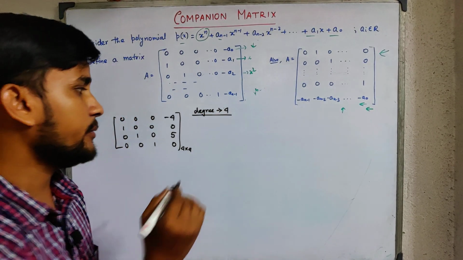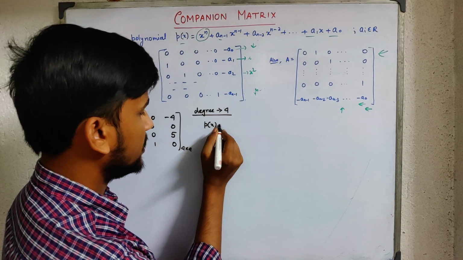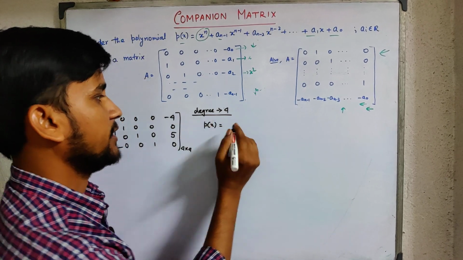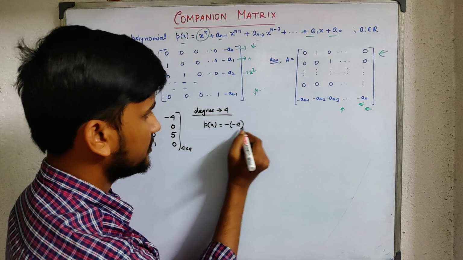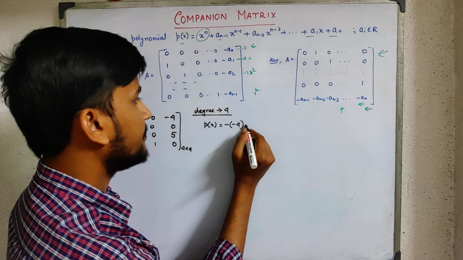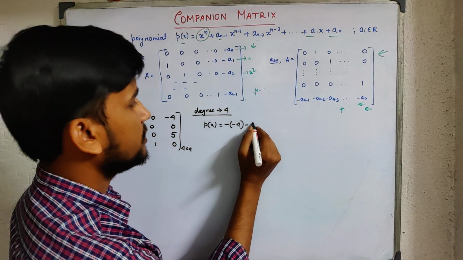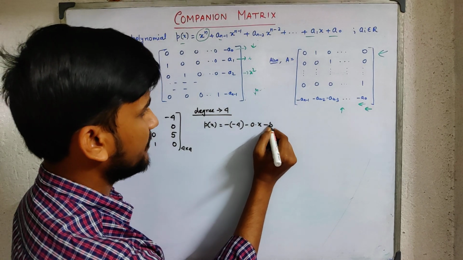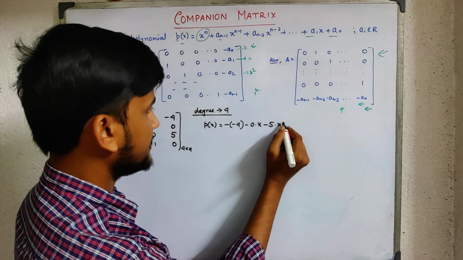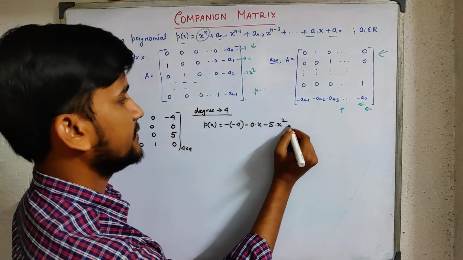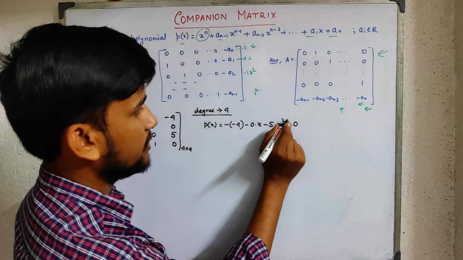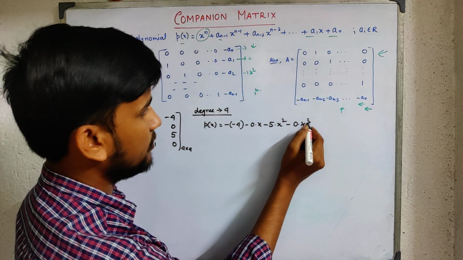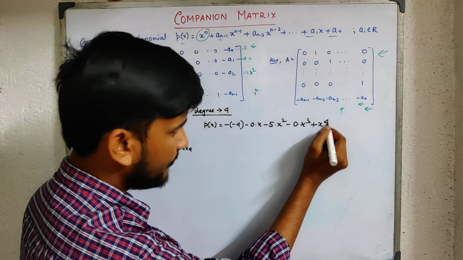Now how can we write the polynomial? So p(x) equals minus of minus 4, then minus of 0 into x, then minus 5 into x square, then minus 0 into x cube, and plus x to the power 4.